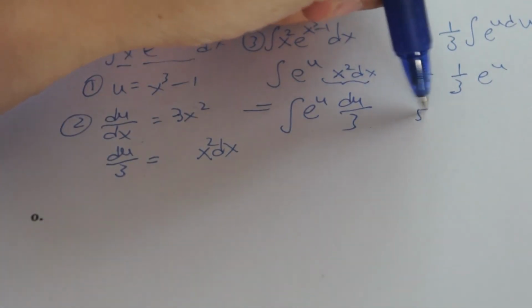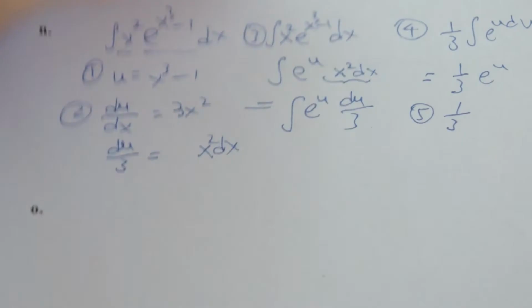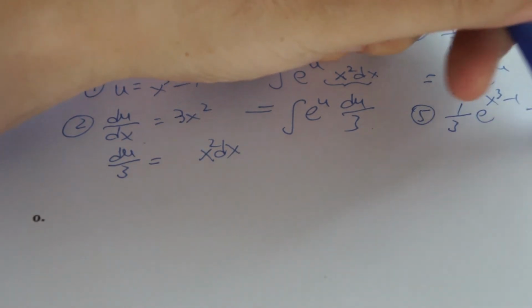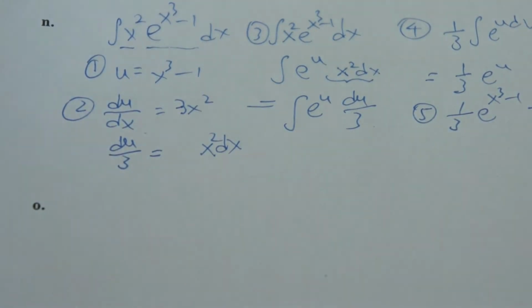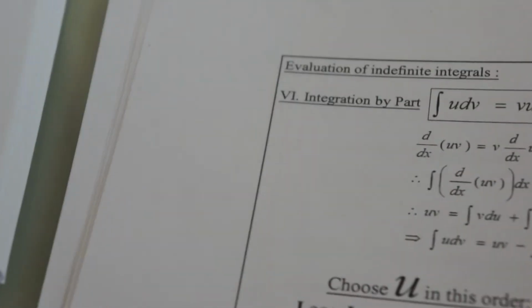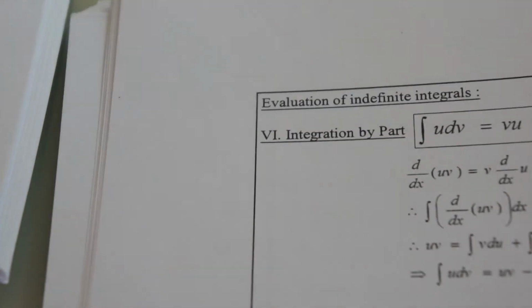And then number 5 is to replace the u by x cubed minus 1 and then add the constant, and that's all. The rest of the question you can try yourself, and then we go to the next and final method of integration, which you can look at in your lecture notes, which is integration by parts.